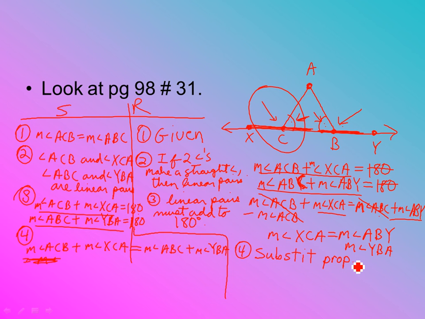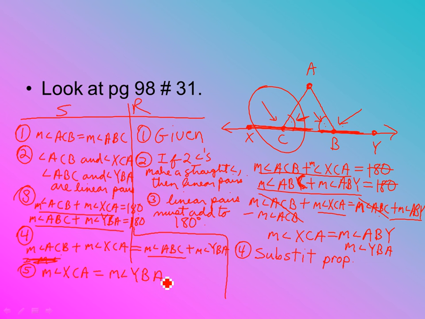We could use substitution property again and just take out angle ABC here and substitute in angle ACB because we know they're the same. Or what I'm going to do is just use subtraction property and say, okay, then we know the measure of angle XCA has to equal the measure of angle YBA.